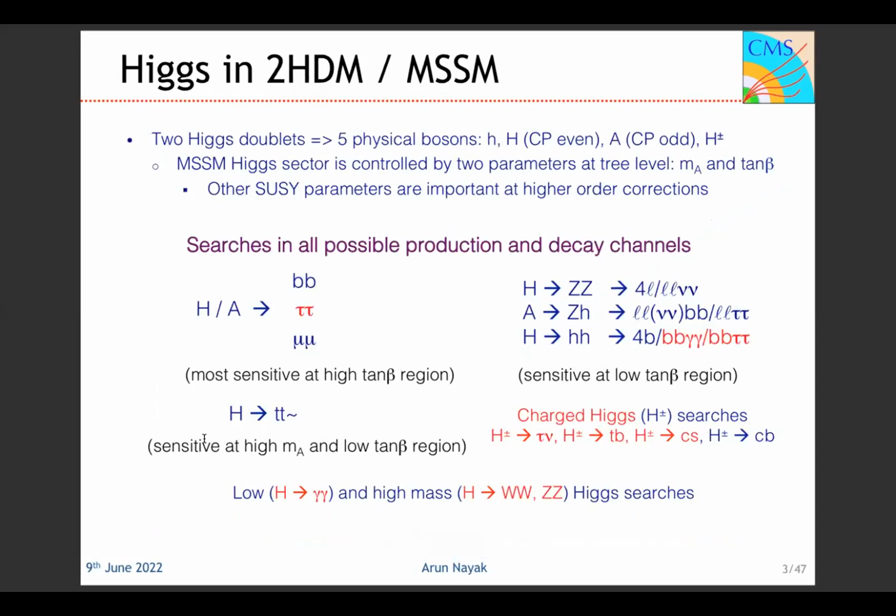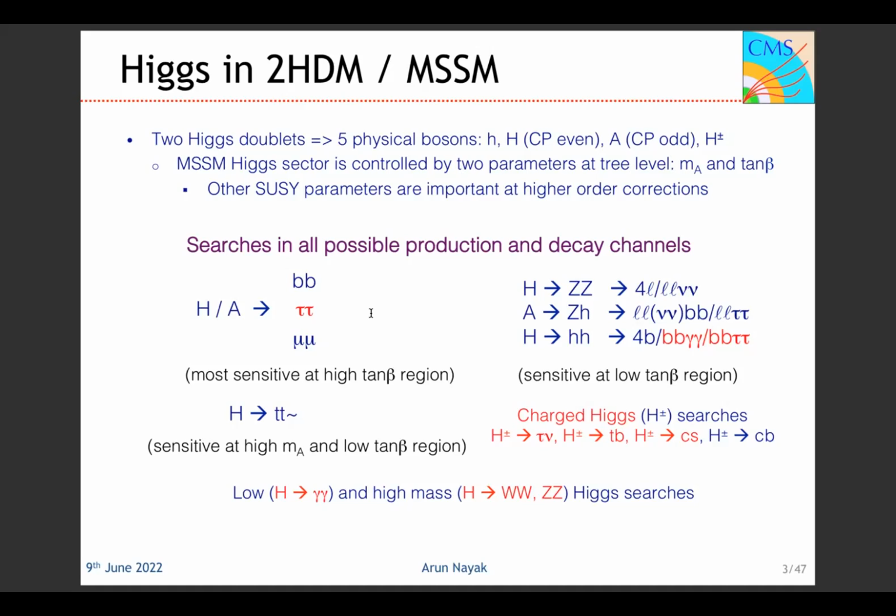Okay, so just one slide about the searches. As you saw previously, I'm talking about the basic extensions of the standard model, so the two Higgs doublet model or the MSSM, where you have two Higgs doublets. So you expect five physical bosons, and mostly they are controlled by two parameters at the tree level in MSSM, MA and tan beta.